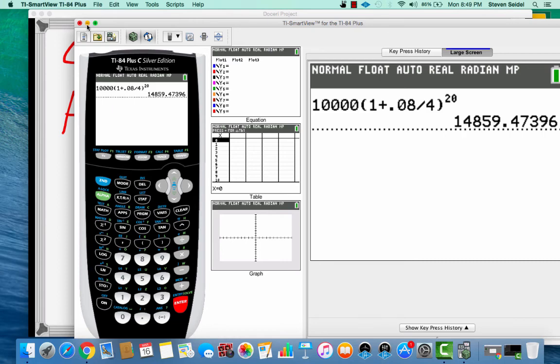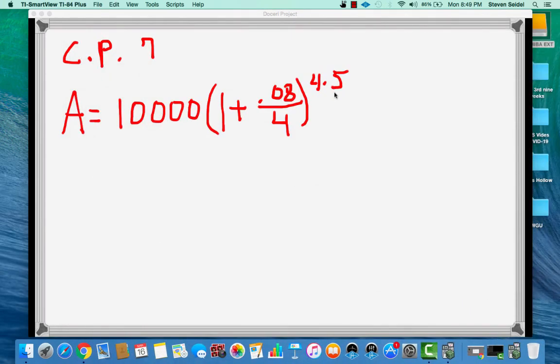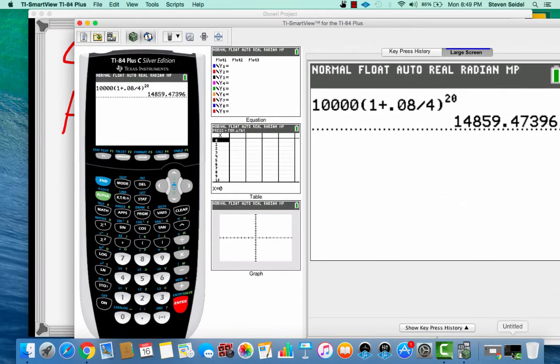The only thing I did different was I multiplied the 4 times 5 as the exponent. And this amount here, $14,859.47, that would be the accumulated value. It's simple plug and chug. You just got to pay attention to what kind of situation you're in.